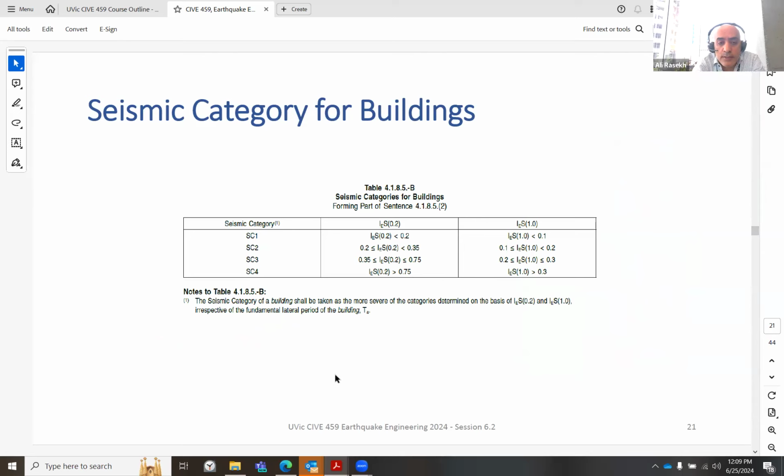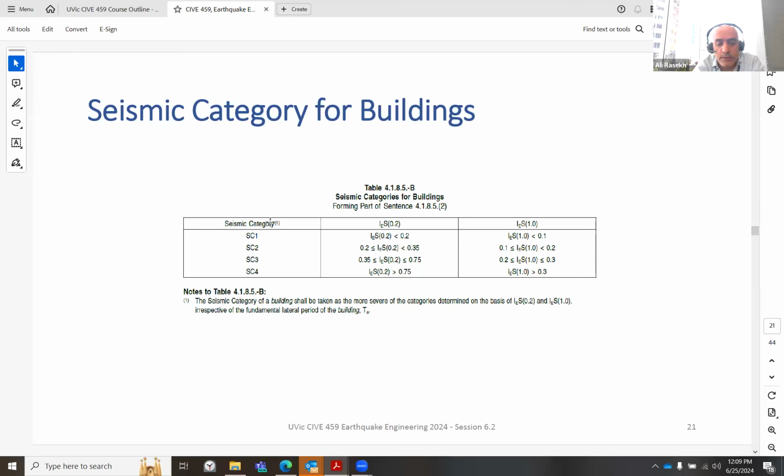What is the seismic category of a building? Similar ideas of seismic category have been in the US building code for quite a few years, but I think it was introduced to the National Building Code of Canada only in 2020.